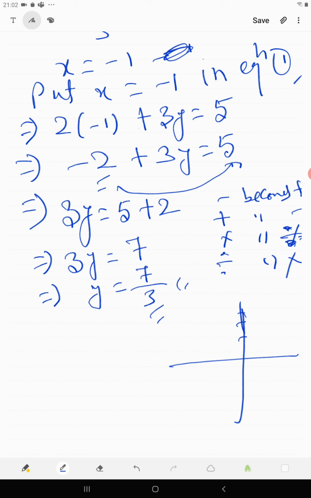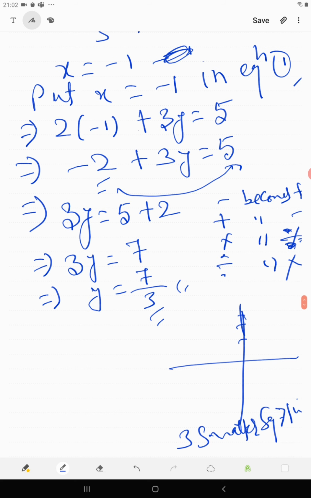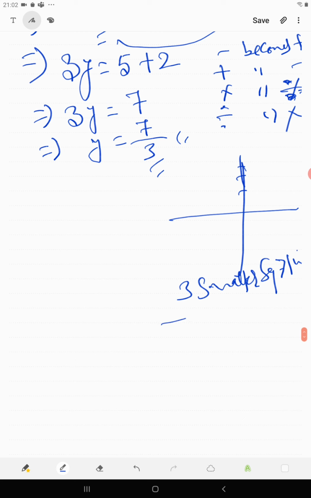If you take 3 smaller squares as 1 unit in the y-axis, then 7/3 will be equivalent to 21 smaller squares.